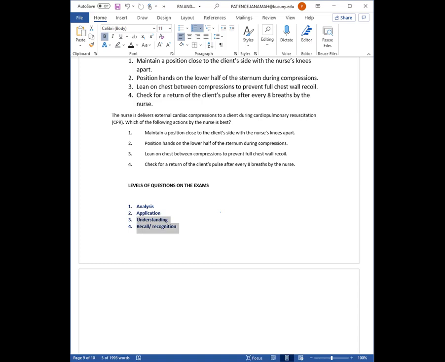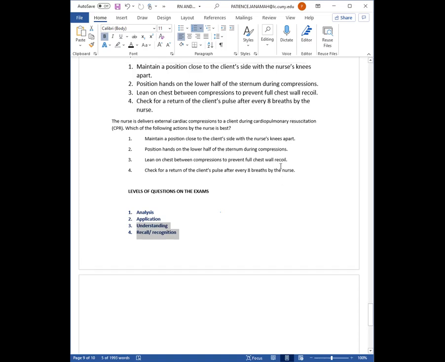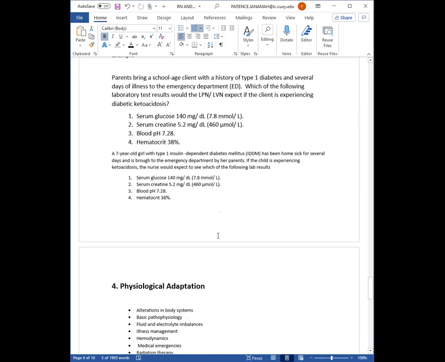In all your studying with the content, you should be able to learn and understand how to analyze situations based on your knowledge of content. Like the question we asked about the blood pressure being 190/100. You know 190/100 is not a normal blood pressure, but when you analyze it, you don't change the blood pressure curve.